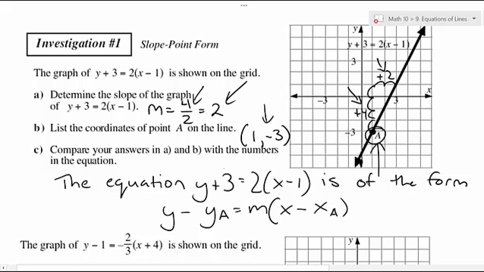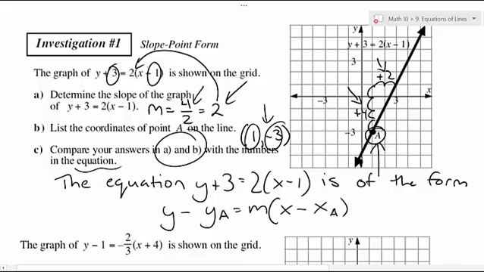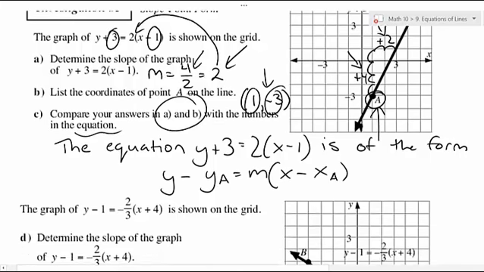Now, when you compare the answers of A and B with the numbers in the equation, you see that we've got a 3 right here, and we've got a negative 3 right here. We've got this 1 right here, and it's a negative 1, and we've got this 1 right here. We also know that this 2 is sitting right there. So that will help us to understand a little bit more about the slope point form.